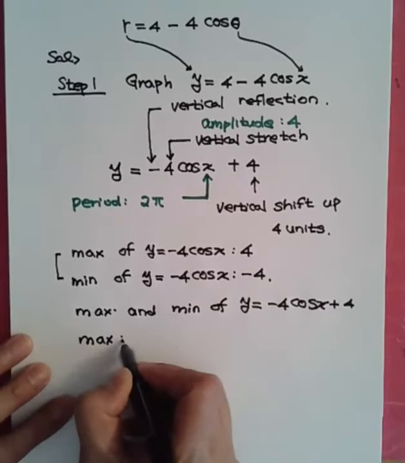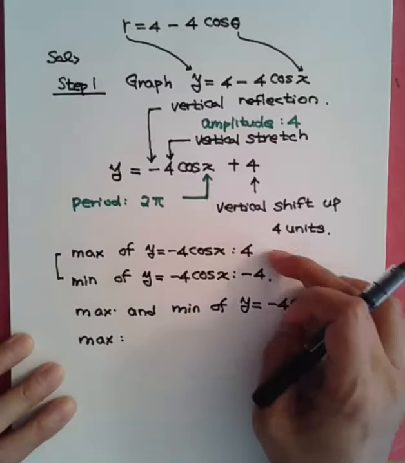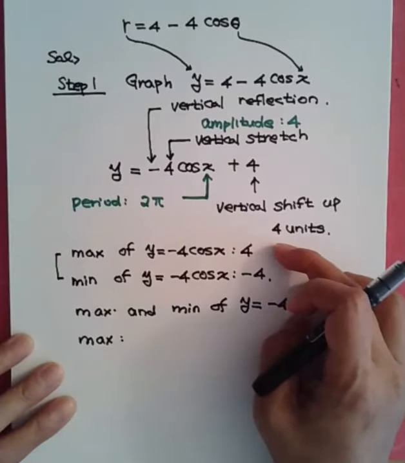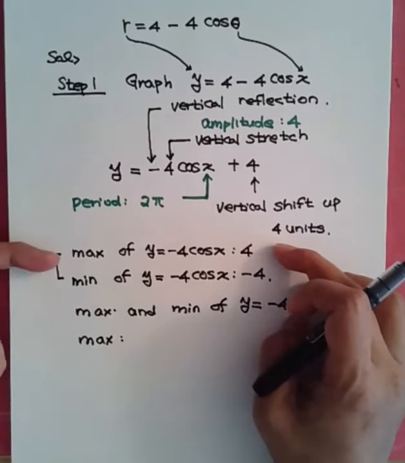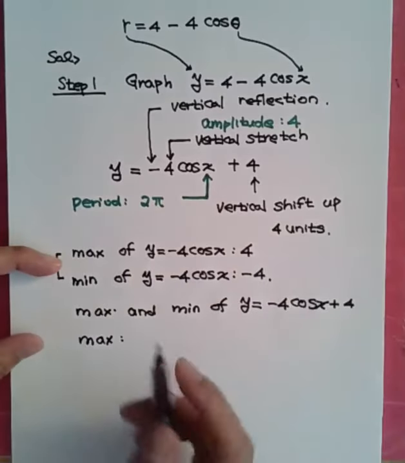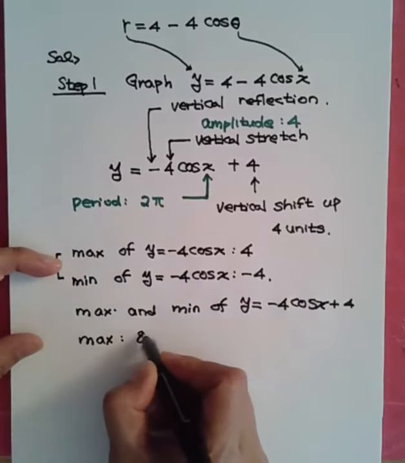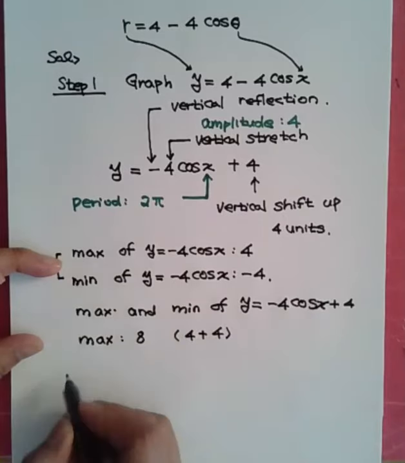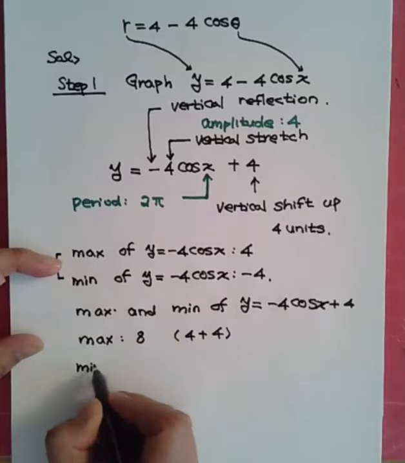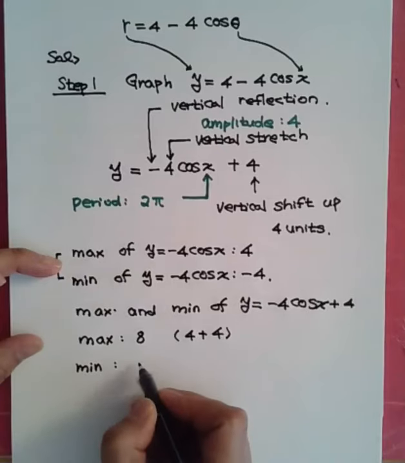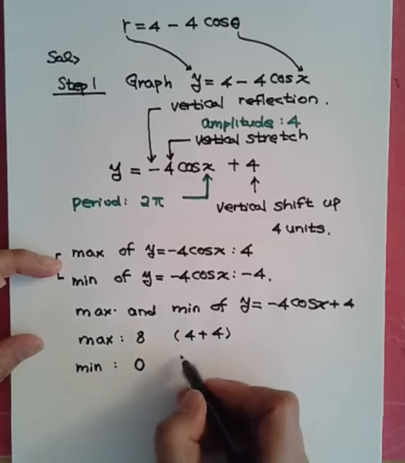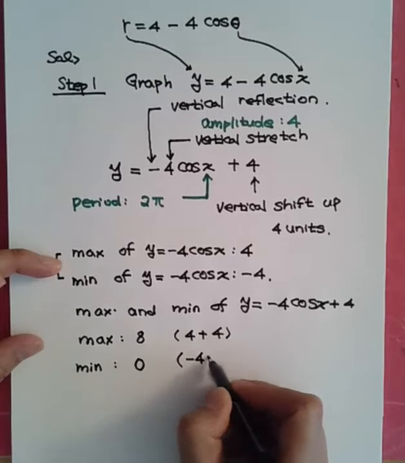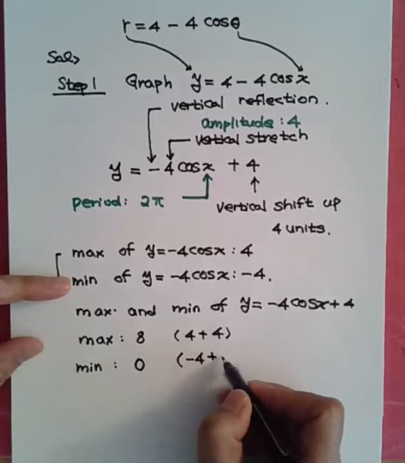So to get maximum, we have to add 4 to the maximum of y equals minus 4 cosine of x, so we get 8. Similarly, we get the minimum value 0 by adding 4 to minus 4.